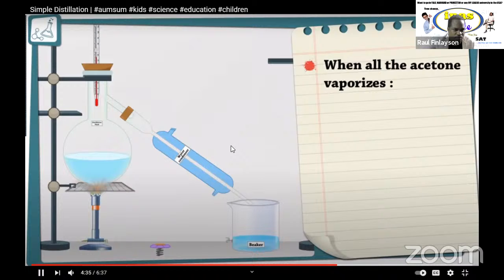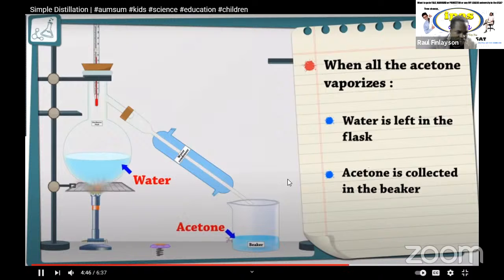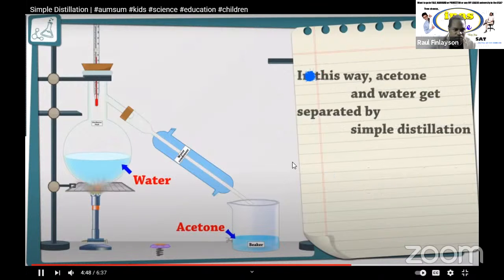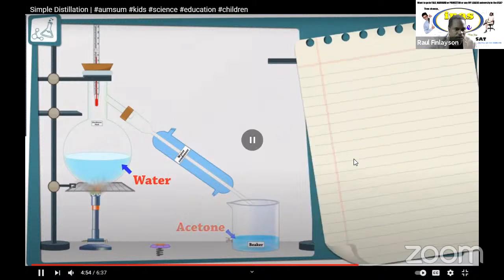When all the acetone vaporizes, water is left in the flask. Acetone is collected in the beaker. In this way, acetone and water get separated by simple distillation. Everybody see that?